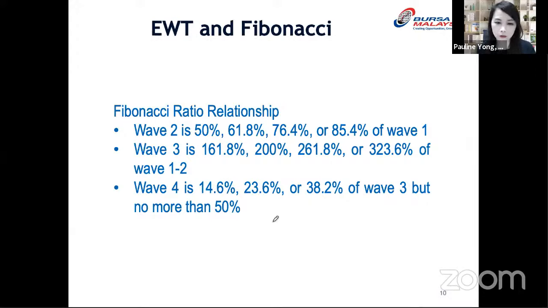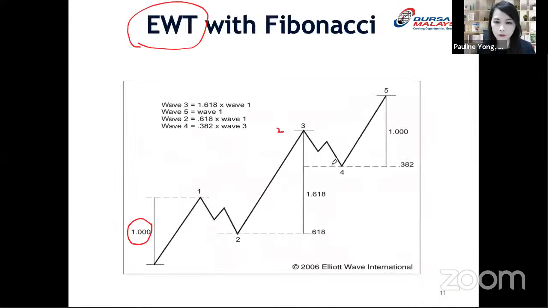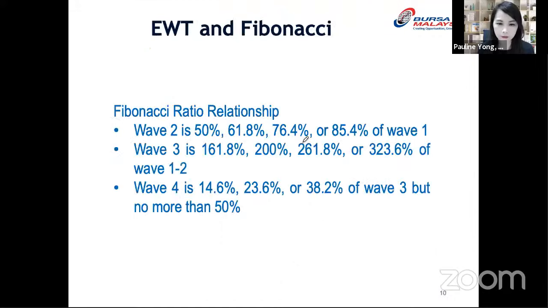So what we are looking at in theory is that this correction in wave number 4 is more shallow than wave number 2. Just now we said that wave number 2 has to retrace all the way to 618 and beyond. But wave number 4 is very brief. How brief? It says here 14.6, 23.6, less than a third. Basically, not more than half of it. That is for wave 4.